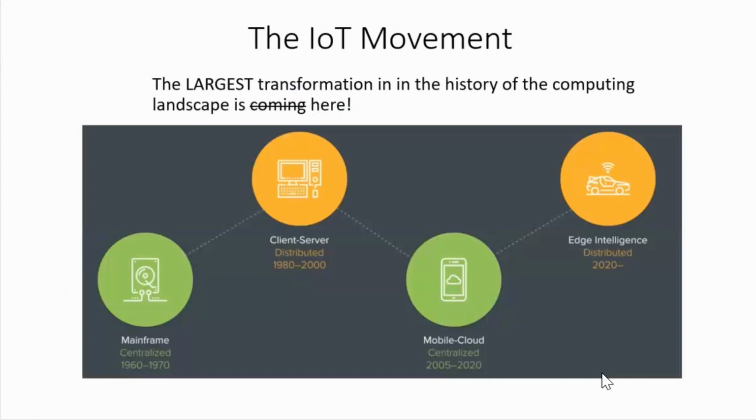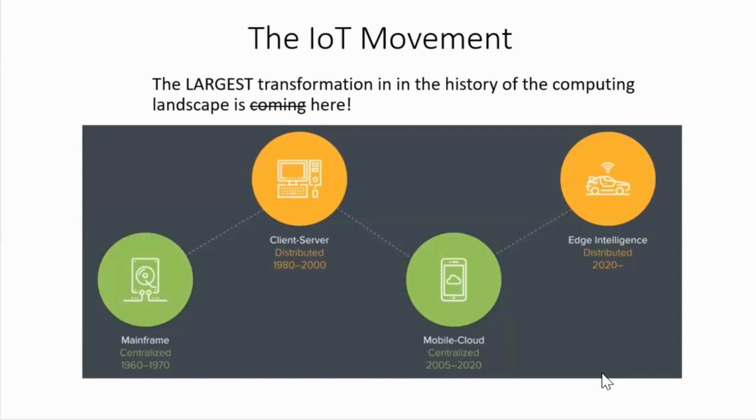So, IoT movement. One thing that I did not realize until I started getting into it is the trend here. If you look at where we've been, who in here has tested mainframes? Anyone? So we started in the 60s and 70s with mainframe, where everything was centralized, right?